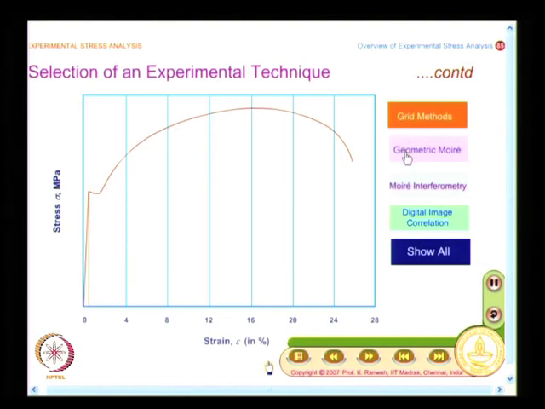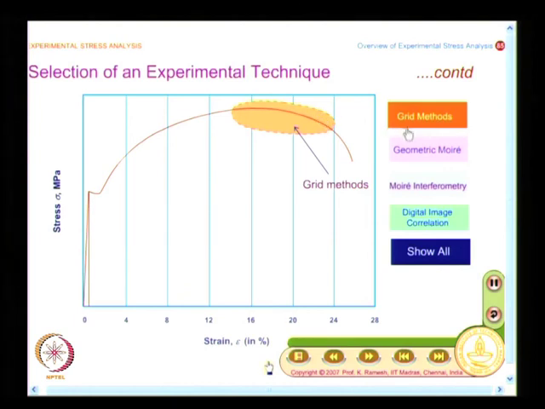Then you have geometric moire, and moire interferometry is a refinement of geometric moire, and digital image correlation has a large range, but it does not have accuracy at lower strain levels. So, when you look at grid methods, the range is somewhere here. It is only in the highly plastic region that grid methods are applicable.